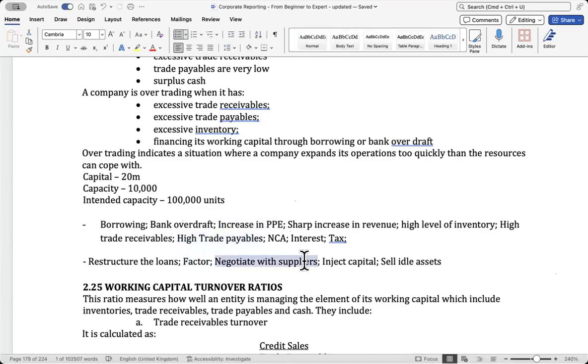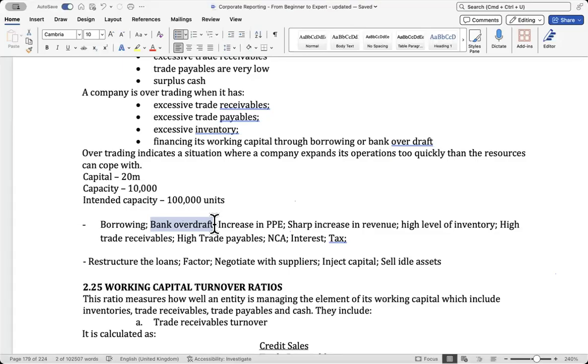For payables, he can negotiate with suppliers, and ultimately he should find a way to inject capital because he needs serious cash flow. He's in overdraft already. He has a negative cash position, which is very bad for any business. And when you compute working capital for this guy, which is current assets minus current liabilities, it will be seriously negative.